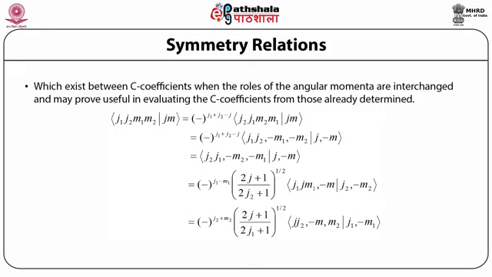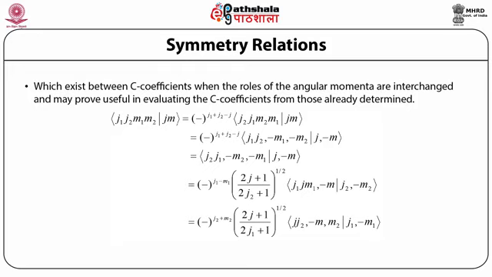Using these number pairs, j1 m1 as one pair, j2 m2 as the other pair, and jm as the third pair, we can have some simple relations between the Clebsch-Gordan coefficients when the roles of the angular momenta are interchanged, which can prove very useful in the evaluation of Clebsch-Gordan coefficients from those already determined.